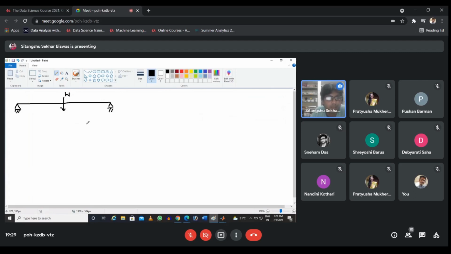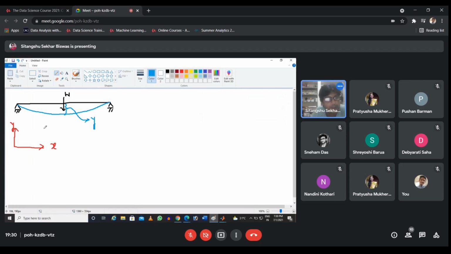So this entire weight is acting like this. This side is my positive x-axis and this side is my positive y-axis. Due to the weight, the beam will bend like this, so the deflection will be in the negative y direction.